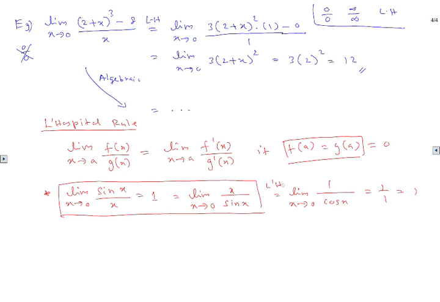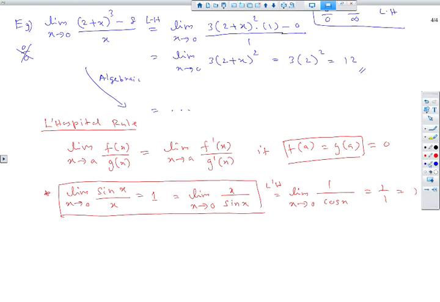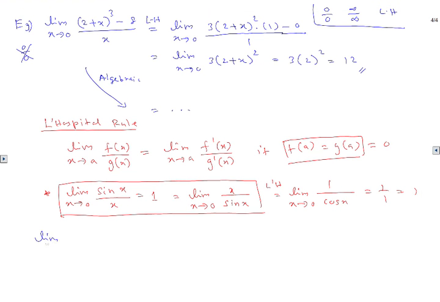Okay, so let's use that idea to do one problem. How about this one? This is another example: the limit as x goes to 0 of tan 2x divided by sine pi x.